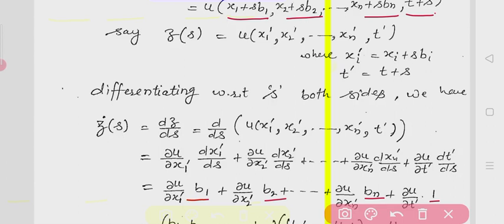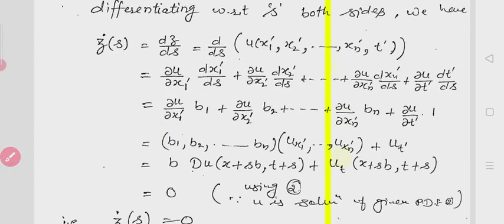If I write these correctly, how can it be written? You can say this can be written as a vector v1, v2, v3, vn, and the partial derivatives, u partial derivative with respect to x1 dash, u partial derivative with respect to xn dash, and so on, alright, plus u t dash.